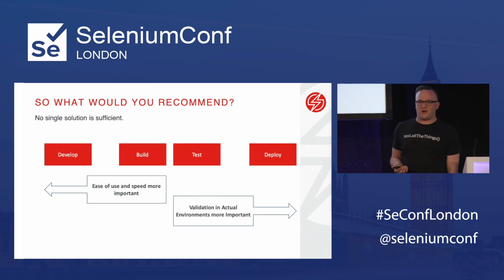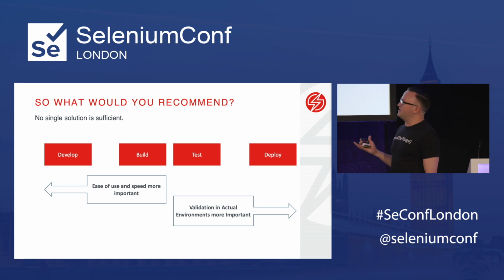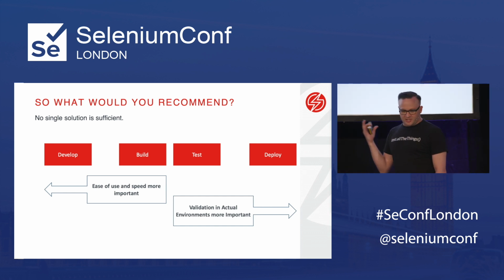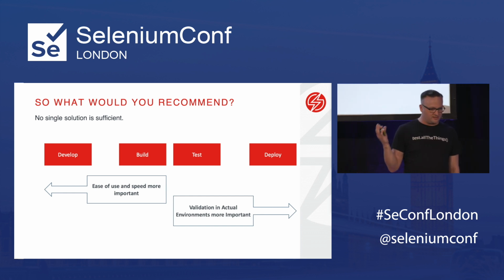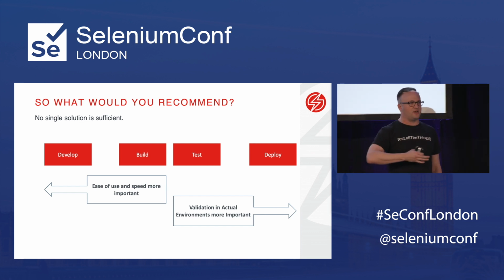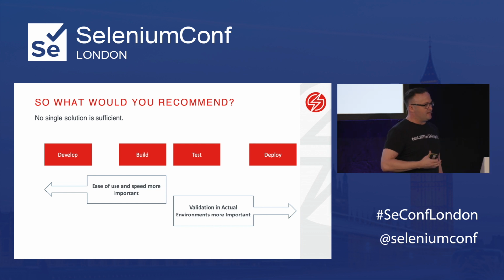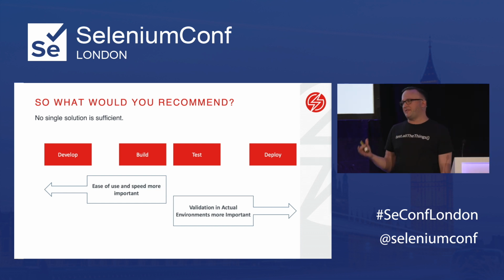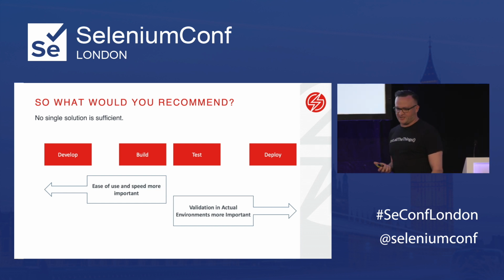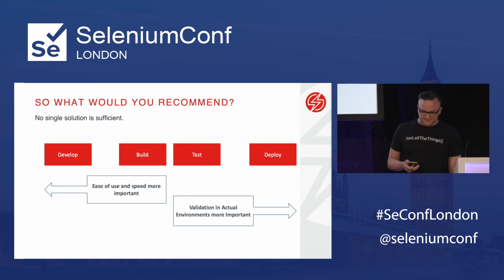So what would we actually recommend? So I would say that no single solution is going to be sufficient here. If we look at our development pipeline, different things are important at different stages. So early on, ease of use and speed is more important.